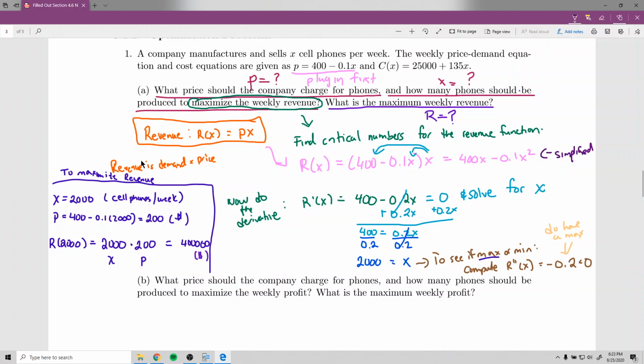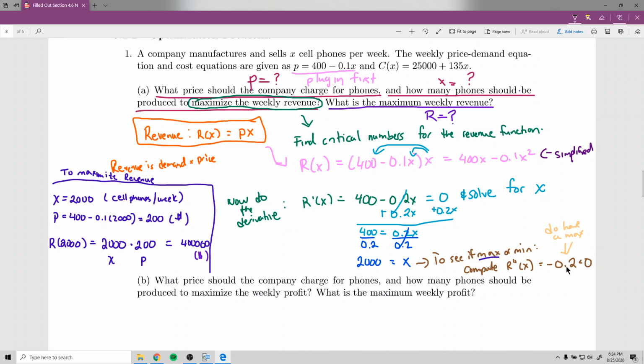But just to overview before we got here at the end, what did we do? We figured out our equation that we wanted to maximize, our revenue equation, by taking the information in the problem. We found the critical numbers after we simplified our equation. Since we only had one, all we needed to do was do the second derivative, and notice that since it's negative, it is actually a maximum.